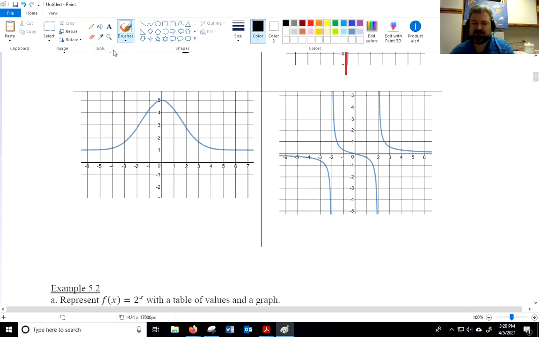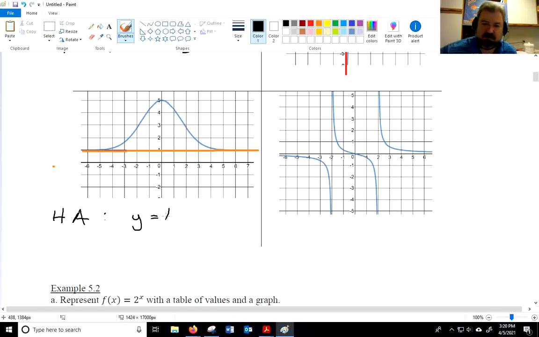Okay, on this one here, you can see that we have what appears to be a horizontal asymptote right here. Unlike the other ones, this one is approaching the horizontal asymptote in two directions. It's approaching it to the left and to the right. So we have a horizontal asymptote, which we'll just call HA, at y equals 1.